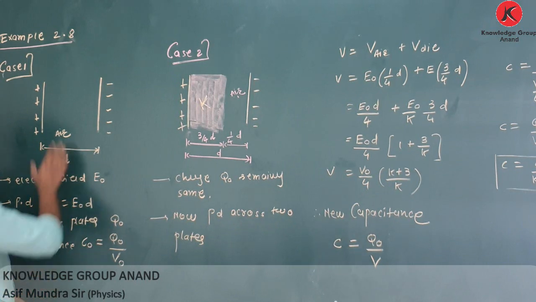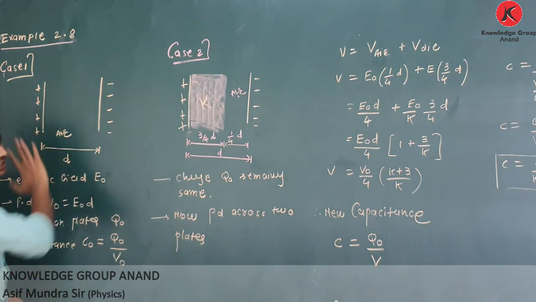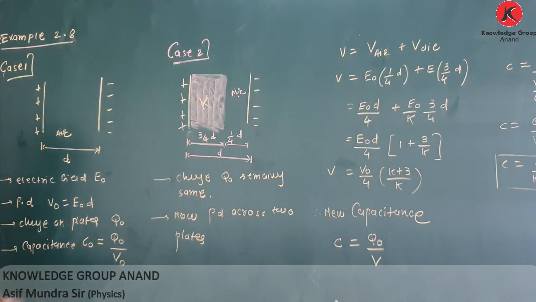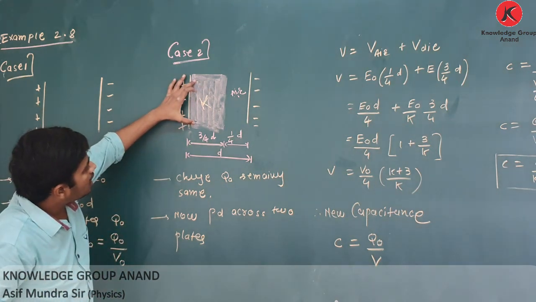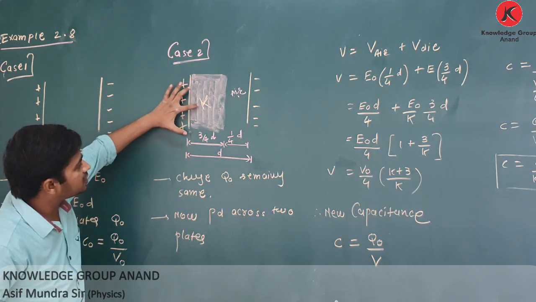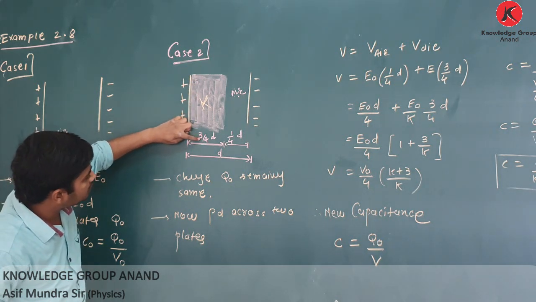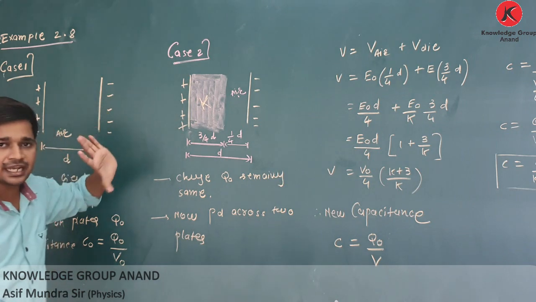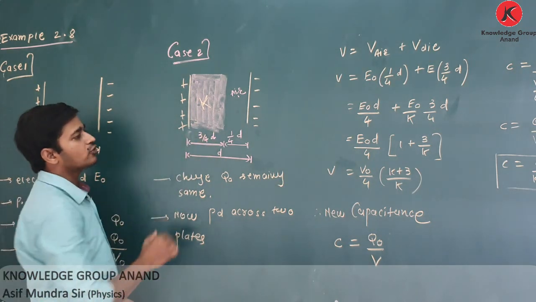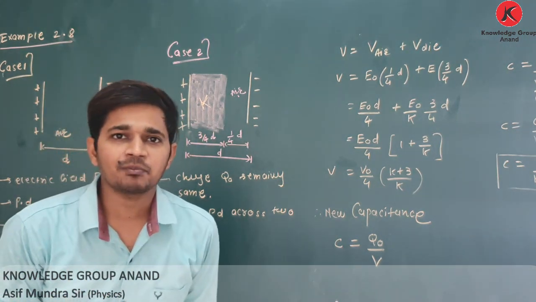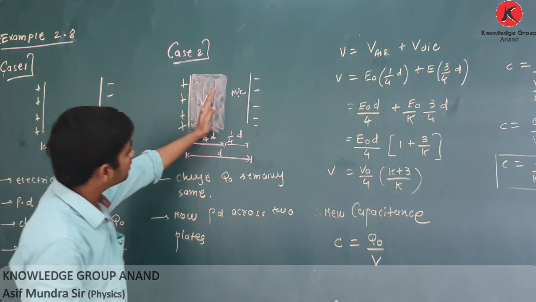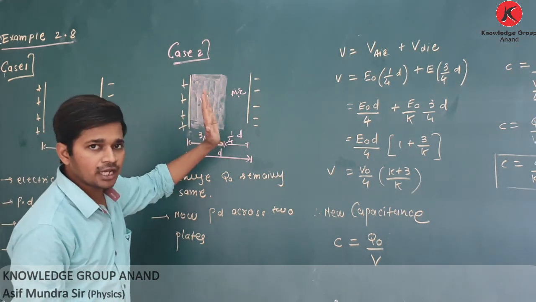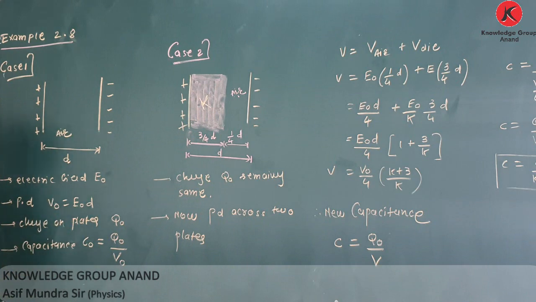Now, if the medium between these two plates is replaced as shown in case 2, when another dielectric having dielectric constant K of thickness 3 by 4D but the same cross sectional area is placed between the two plates of the capacitor, then what is the change in capacitance? Understand the question? If this air medium is replaced by another dielectric medium like this, partially, what is the change in capacitance?